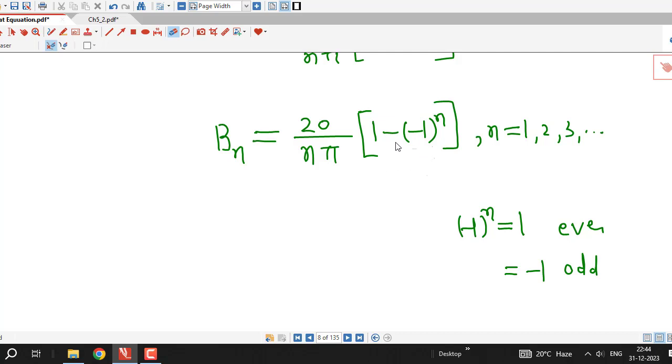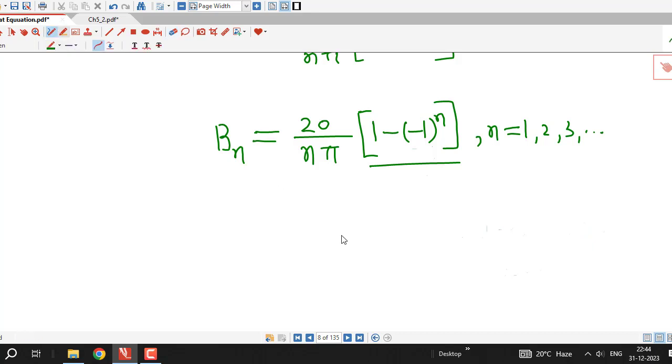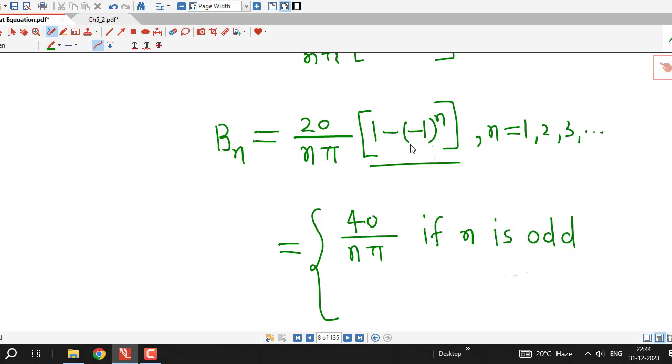So I will have 2 here for n odd, and 2 into 20, that is 40. So Bn equals 40 divided by nπ if n is odd, since it is 1 minus (−1), that is 2 into 20, and Bn is 0 if n is even.